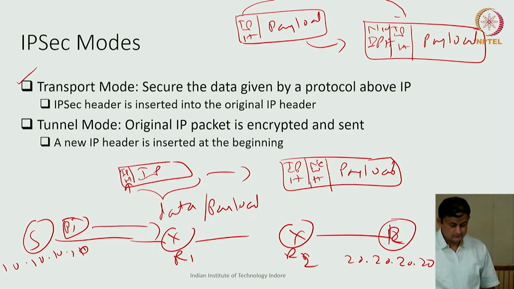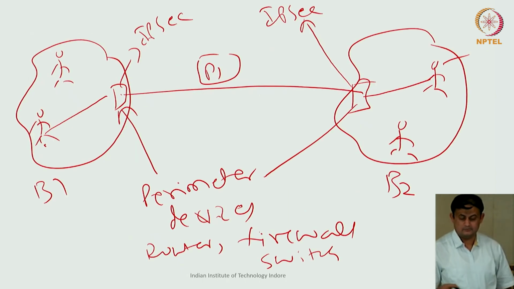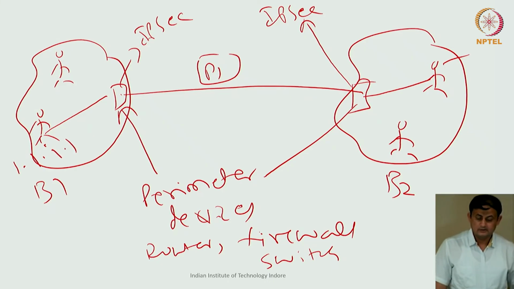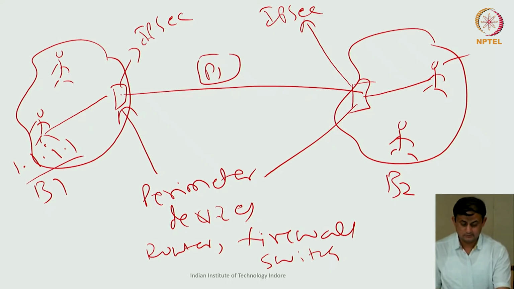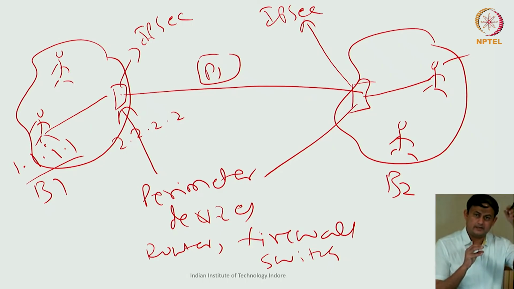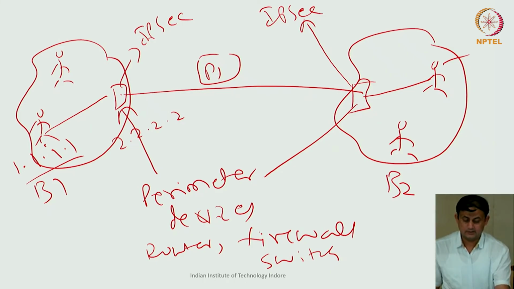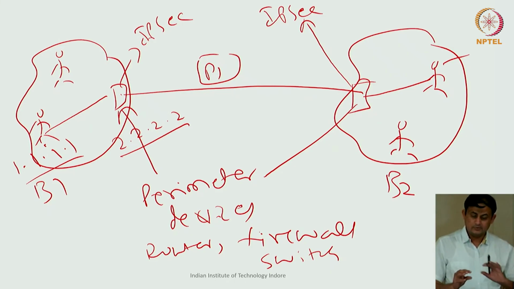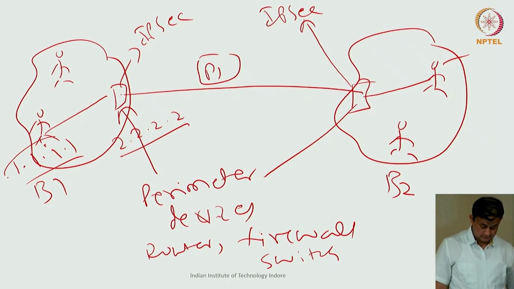The advantage you get is, let's say the packet came from the IP address 1.1.1, the original IP packet carries that source IP address, but this middle box can have its own IP address. In the new outer IP header, the middle box can put its own IP address, while inside, the original IP address can still be there.